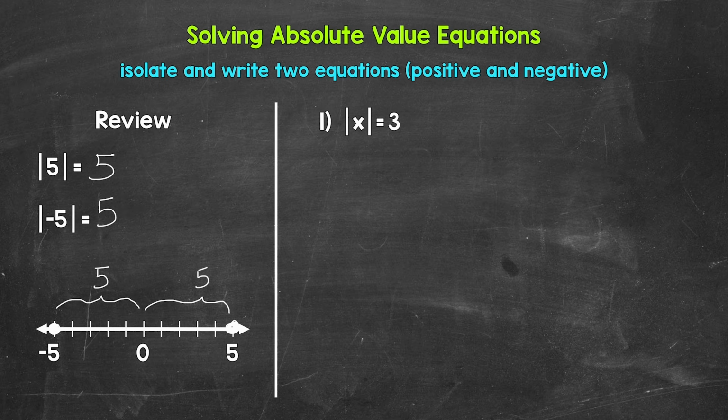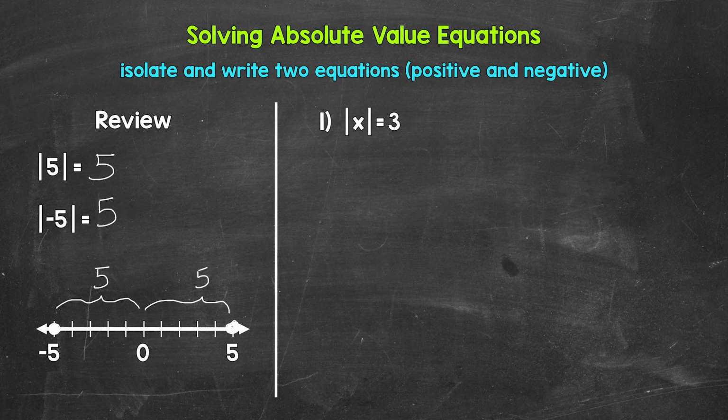Now going off of this, let's jump into number 1 where we have the absolute value of x equals 3. Now the first thing that we want to do is make sure the absolute value is isolated on one side of the equation. If it's not, we need to start there. For these first 3 examples, the absolute value will already be isolated. Now, as far as the absolute value of x, it needs to equal 3.